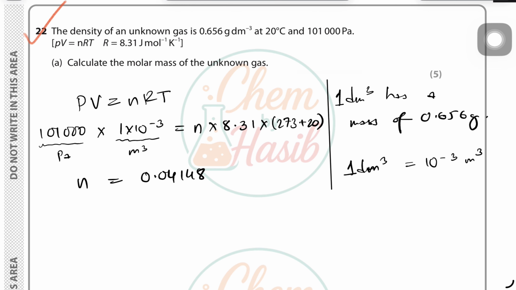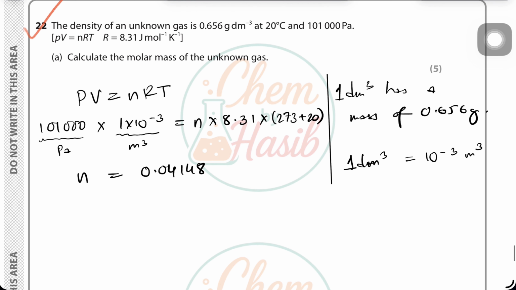Now, since we have taken 1 cubic decimeter as the volume, the mass of the substance must be taken as 0.656. So you know the mass of the gas, you know the moles of the gas. Therefore you can easily find the molar mass of the gas.